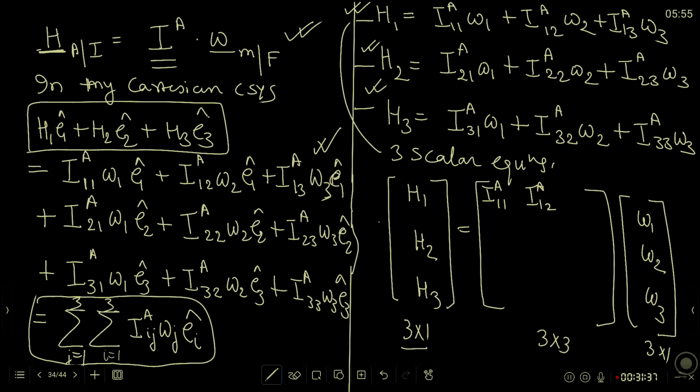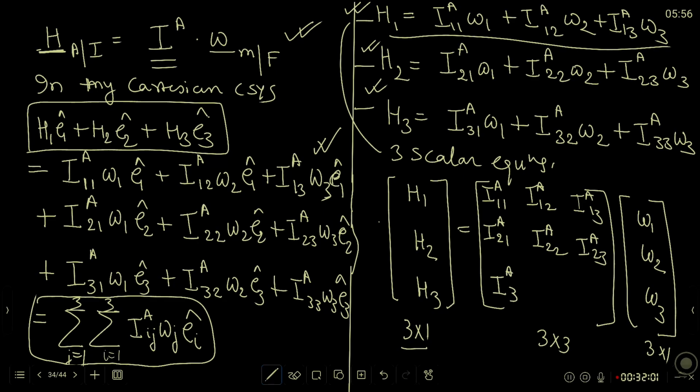And this second row in this matrix would be this, and the third, which is coming from the third equation here, would be this. Okay.